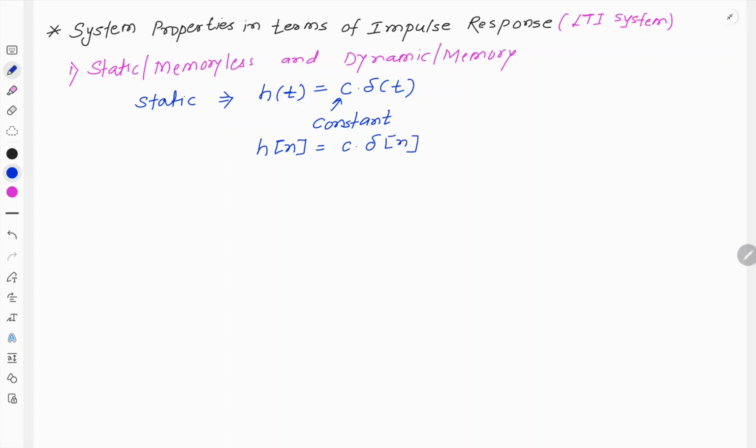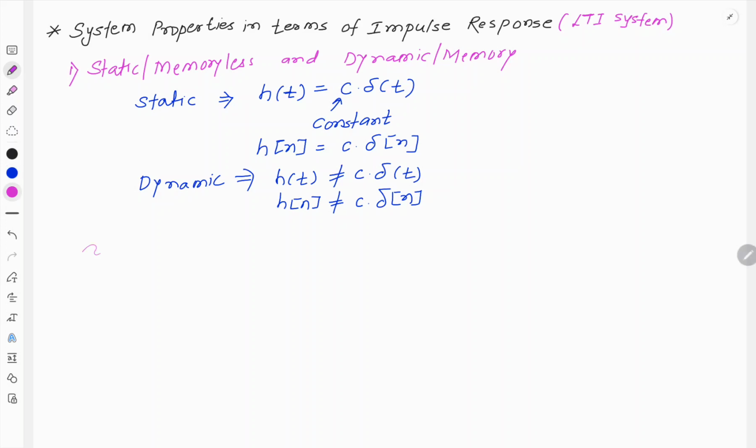If this condition is not satisfied, the system is said to be dynamic. So for a dynamic system, h of t will not be equal to c into delta t. Similarly, h of n cannot be represented as a constant times delta n, the impulse function.